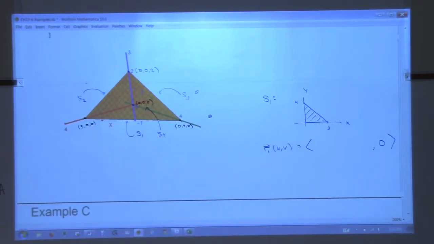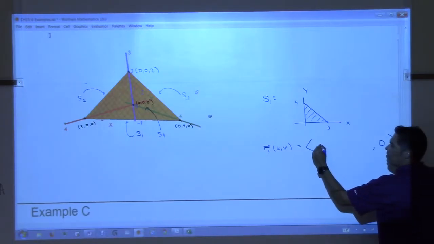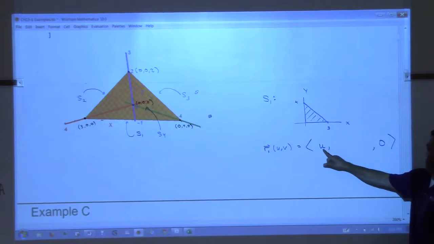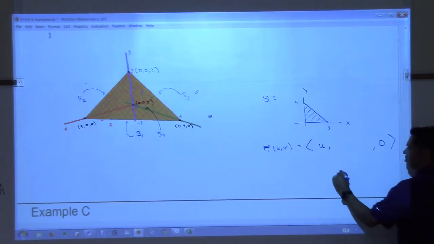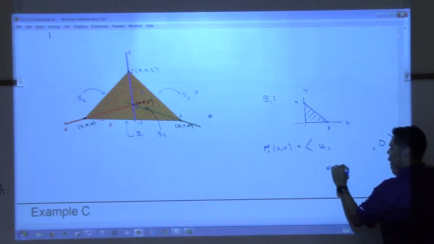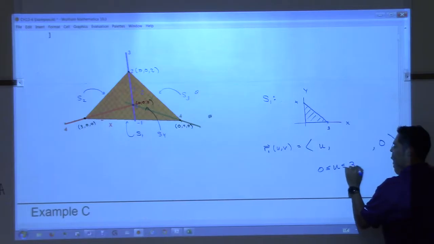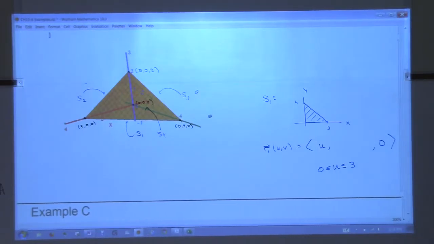You can have UV. Okay, so what about if I let my x coordinate be u? That would be this part, right? And that would go between where and where? 0 to 3.